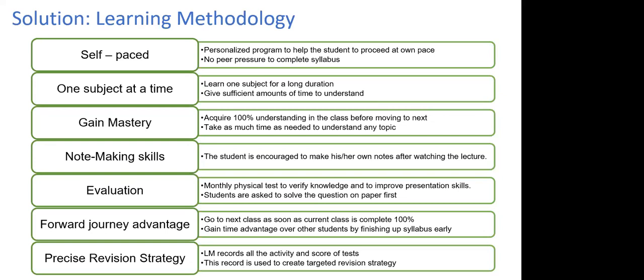And then gain mastery. Mastery means you learn the subject 100%. Before understanding it 100%, do not go to the next. It's not like time is over, now you have to go to the next. No, the only criterion to move to the next is 100% understanding, meaning you learn it, you test yourself and prove through a test that you know this, and after scoring 100% in all the questions, only then can you go to the next topic.